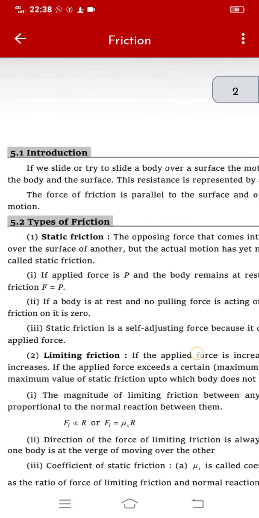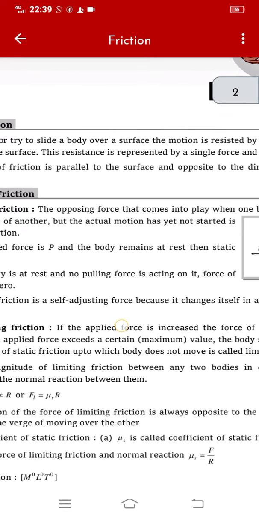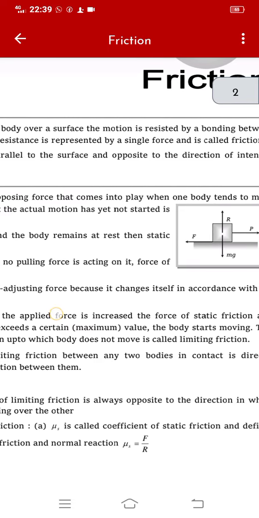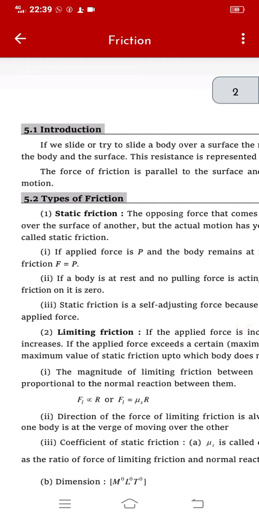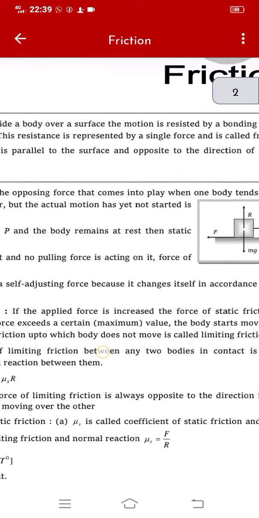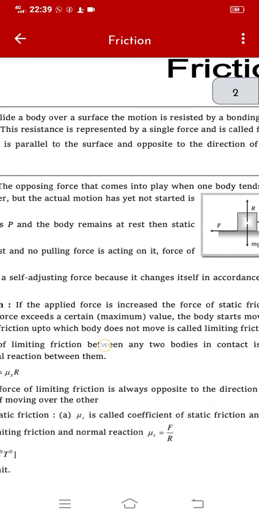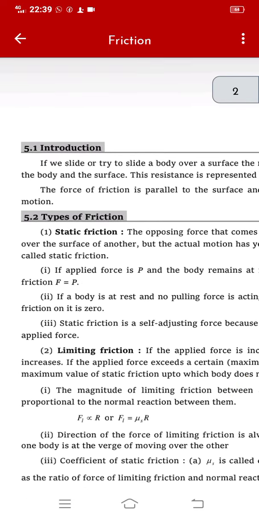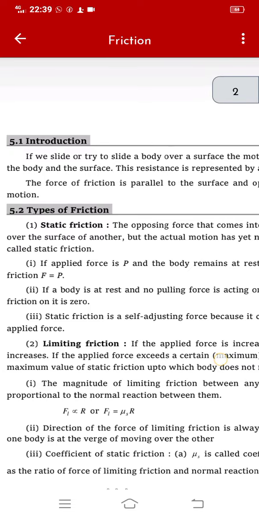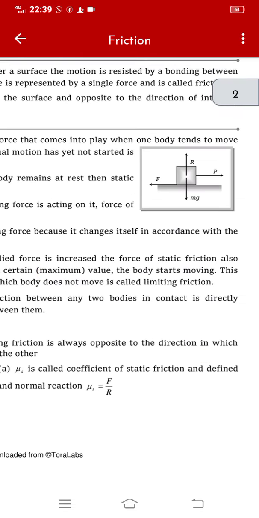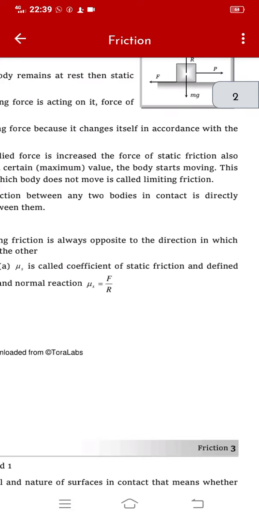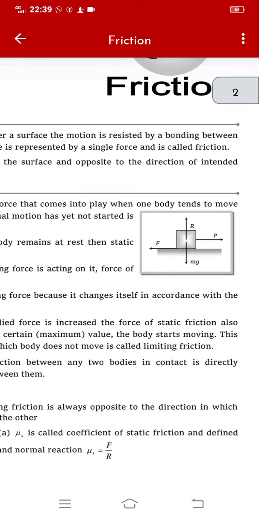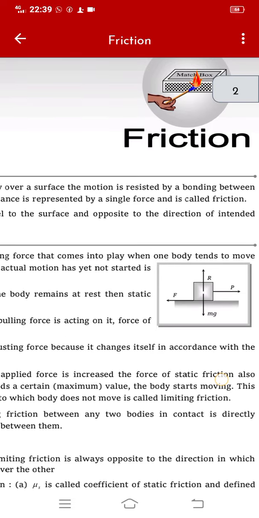It is the opposing force that comes into play when one body tends to move over the surface of another, but the actual motion has not yet started. What is this definition trying to explain? It is explaining the first law of motion. For example, you can see a block placed on a horizontal table.